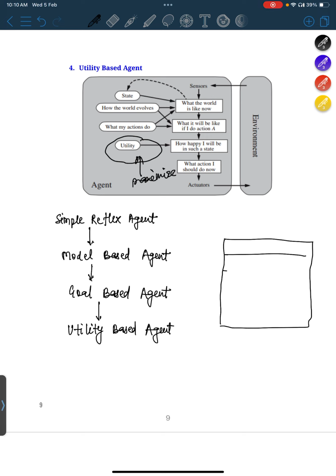Let's suppose this is a chessboard. So in chess, what is the agent? The agent is playing chess. There are two agents playing chess. So chess is one example of an AI agent. Another AI agent can be one driving a car or something else.